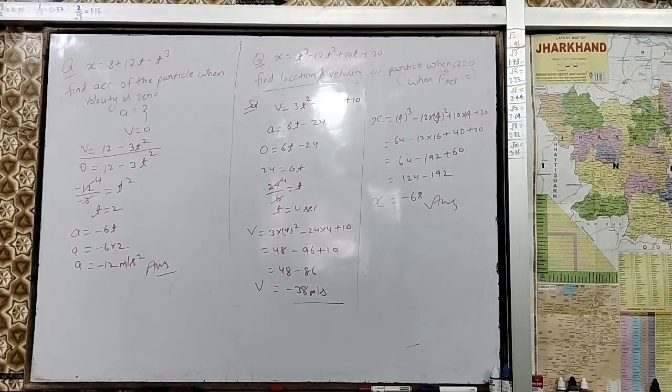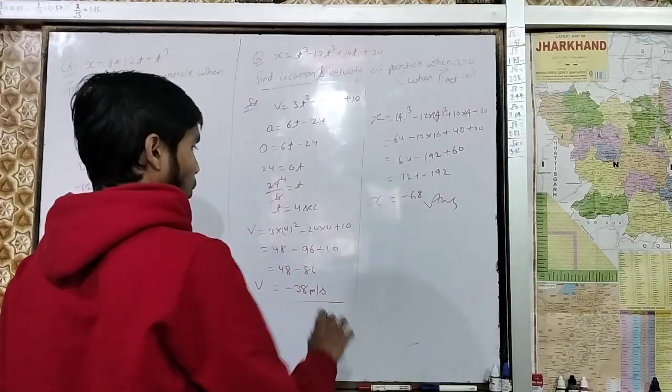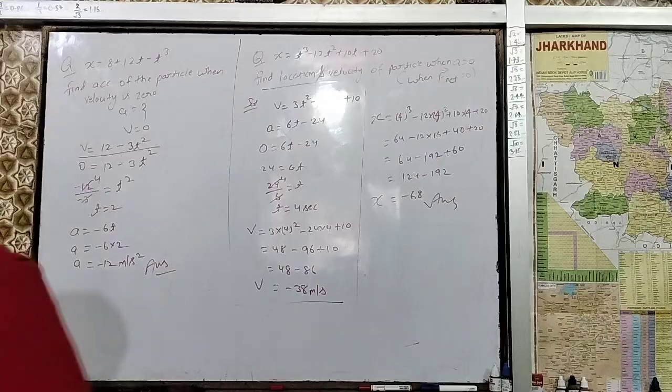Have a look. So 48 minus 96, all these answers are correct. Now let me write the next question, which will be very easy.